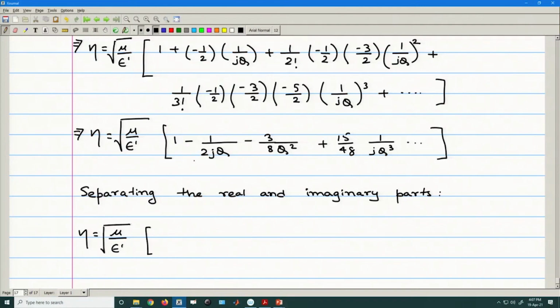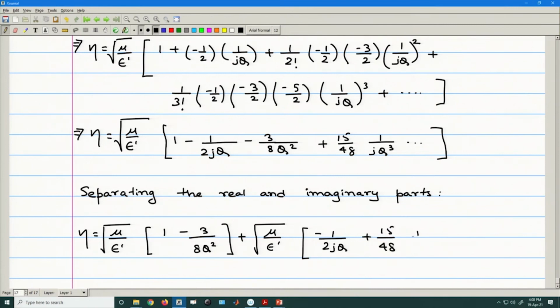Okay, so the real part is 1 minus 3 upon 8 q square plus mu by epsilon prime, this one will be upon epsilon, this one will be minus, of course, minus 1 upon 2 jq plus 15 by 48 1 upon jq cube.